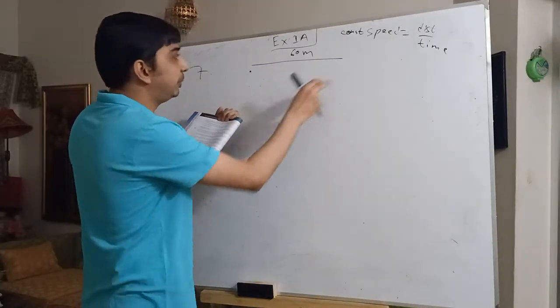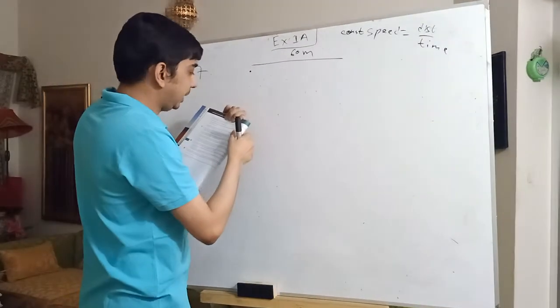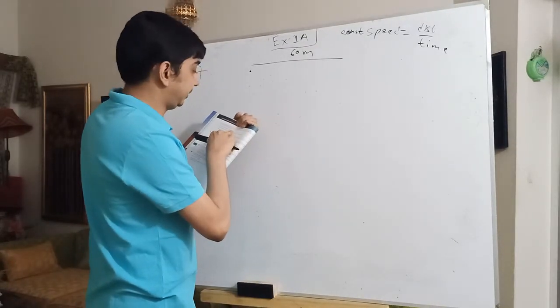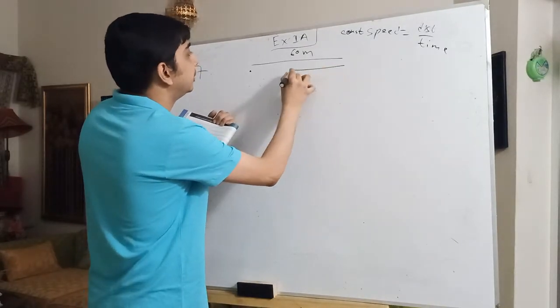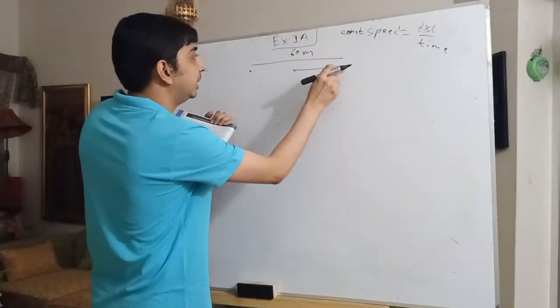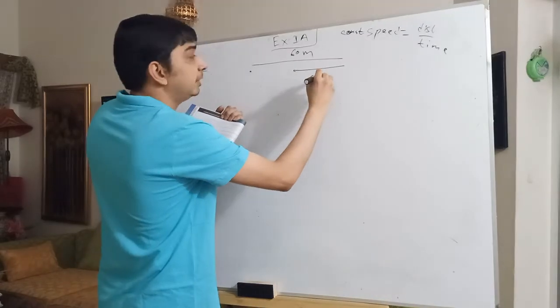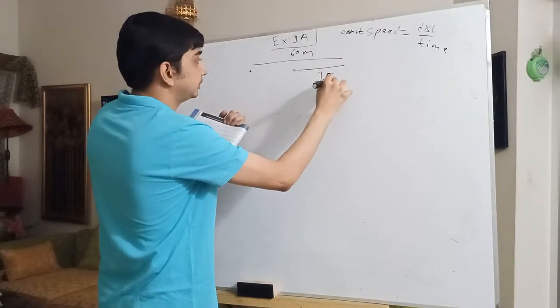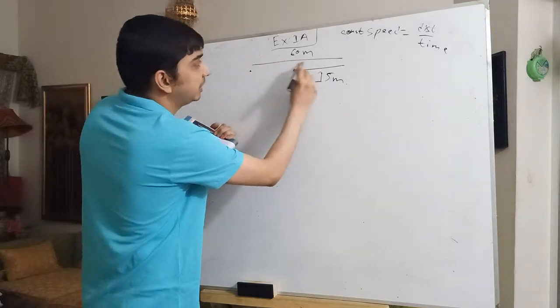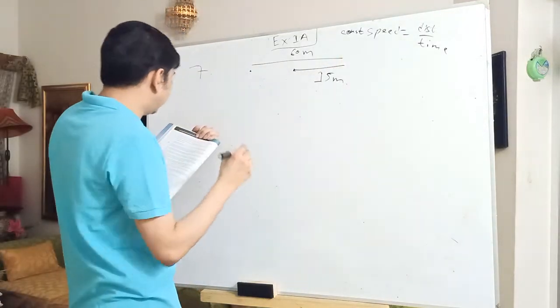Now it travels backwards at 3 meters per second in reverse for 5 seconds. So the distance you move in this way is 15 meters. So this is your current position after traveling forward and also backwards.